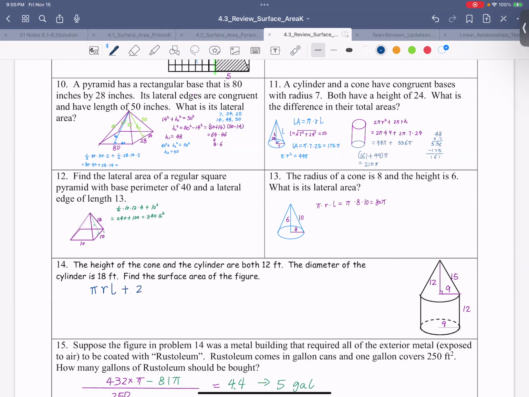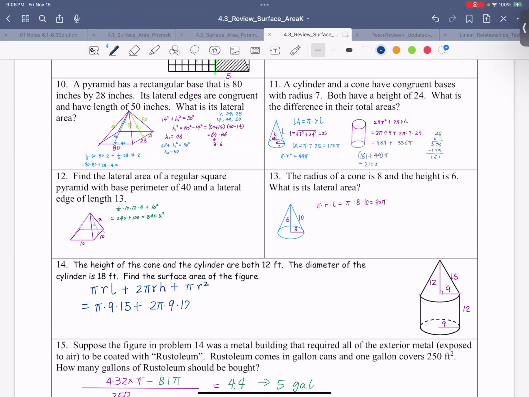Good. Plus pi r squared. Good. Equals pi times 9 times 15, plus 2 pi times 9 times 12.